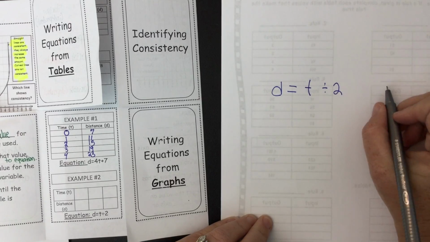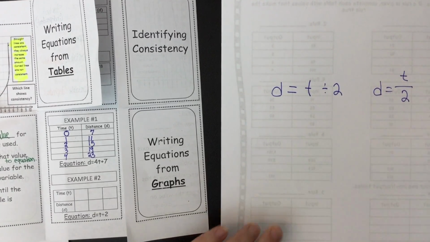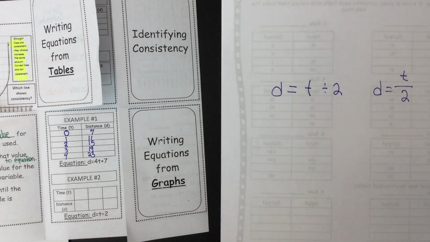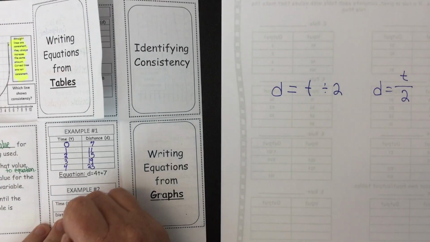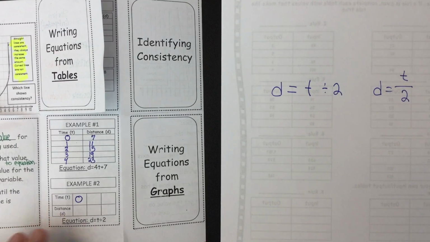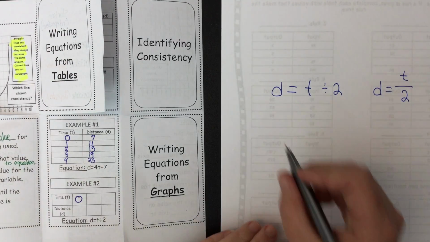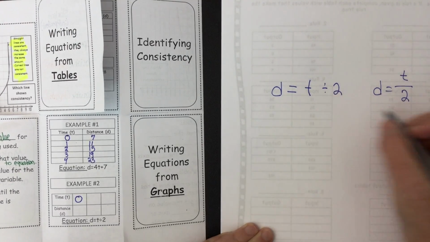I could have also written this as T divided by 2. Both of those mean the exact same thing. Again, I'm going to choose a value for my variable being used. I always like to start with 0. Then I plug in my values. I like to use this one, but which one do y'all want?